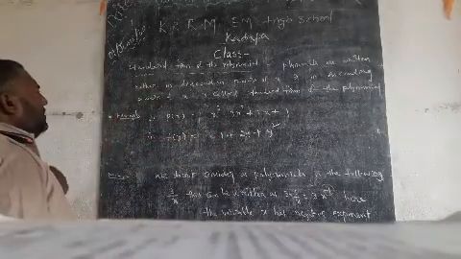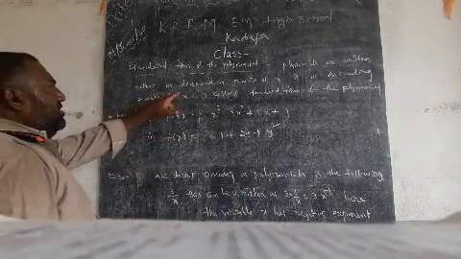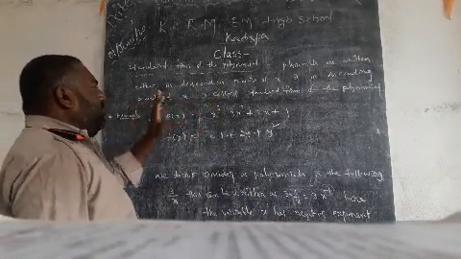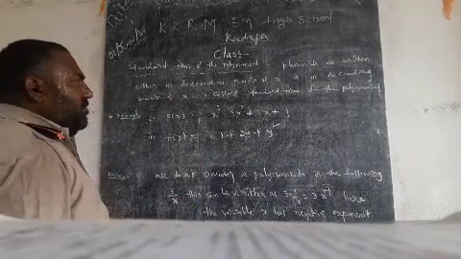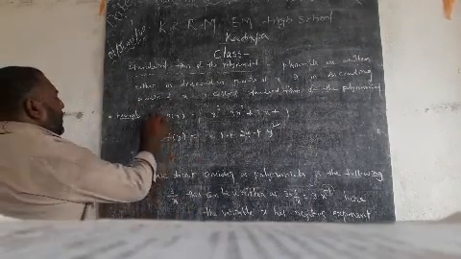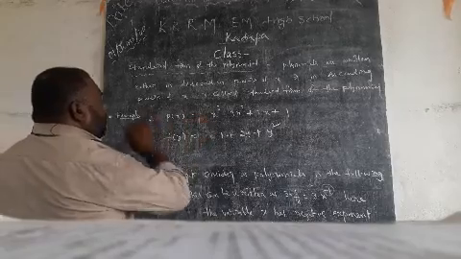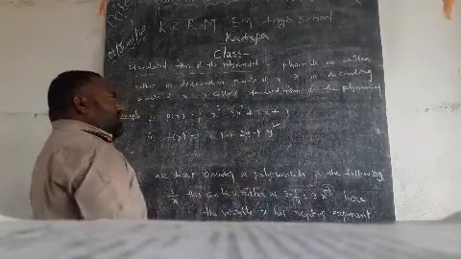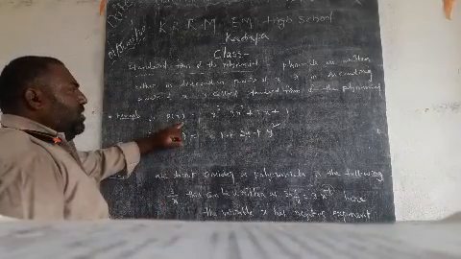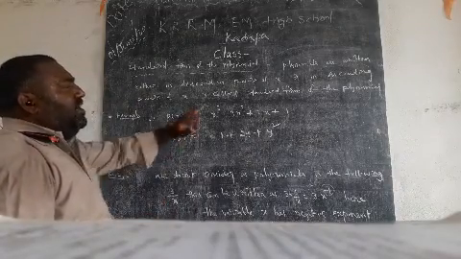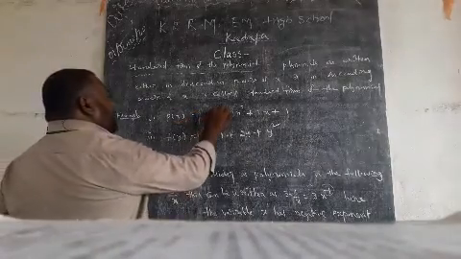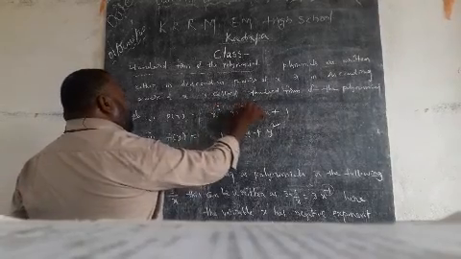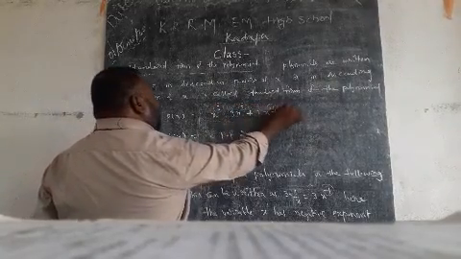In the first example, p of x is equal to x cubed minus 3x square plus 2x plus 1. This is the standard form in descending order. Here the power of x is 3, then 2, then 1, then 0.